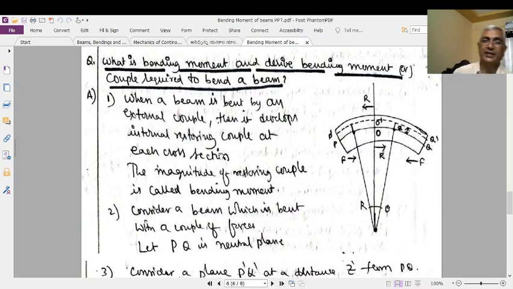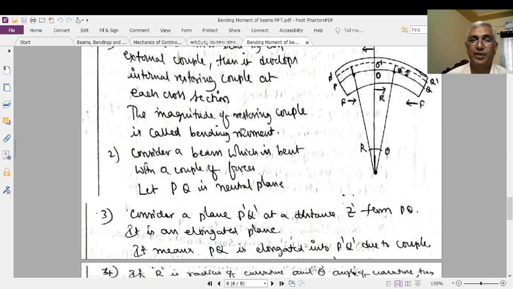The different elements of the beam develop internal restoring couples at each cross section. The magnitude of the restoring couple is called the bending moment. In equilibrium, the bending moment is equal and opposite to the restoring couple.